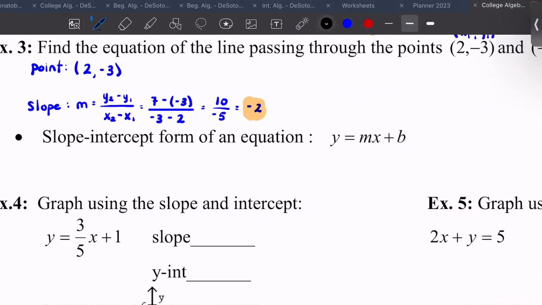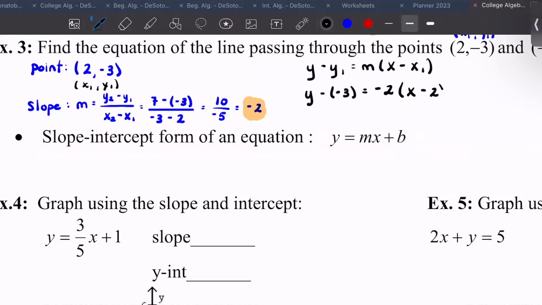Now I have a point and I have slope, so I can use point slope, which is y minus y1 equals m times x minus x1. So you get y minus y1. Okay, we have x1, y1 over here. Minus -3. Keep up with your negatives there. Then I have -2 times x minus 2.